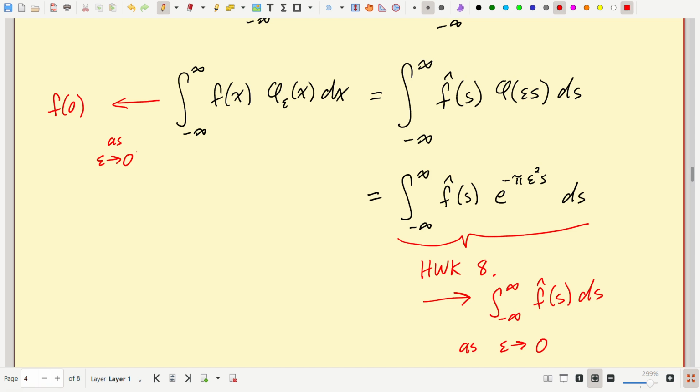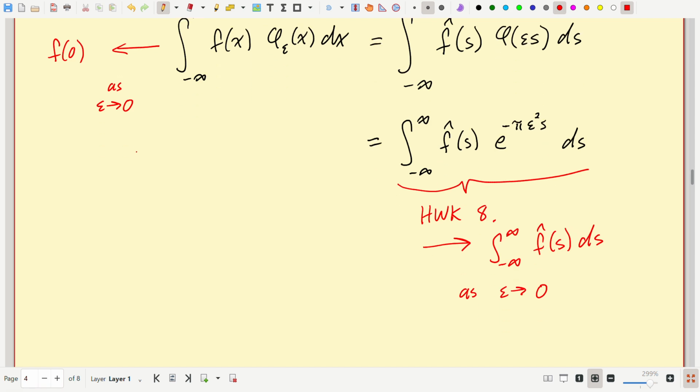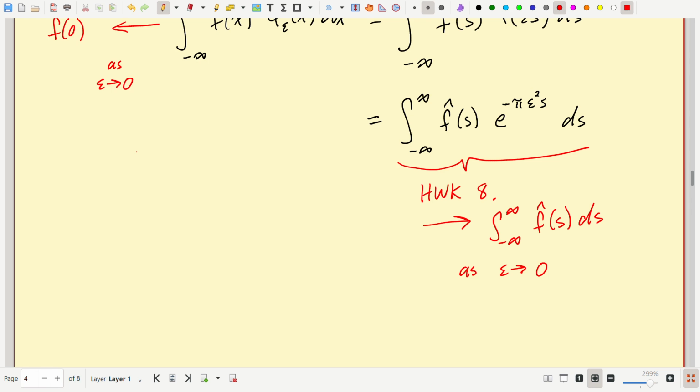That's it. So, we're done showing that the inversion formula holds at x equals 0. Questions about that?